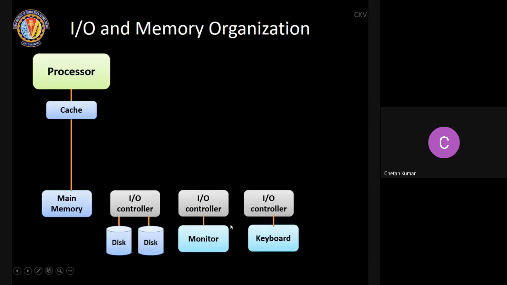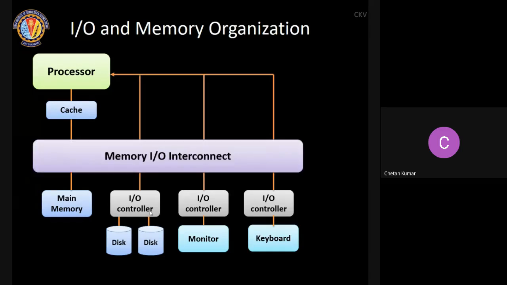For interacting with I/O, you need something called an I/O controller, and everything is interconnected with the help of a bus. You have a memory and I/O interconnect block which takes care of communication between the processor and the other elements connected to it. We treat the processor and cache separately because they usually sit on the same die.